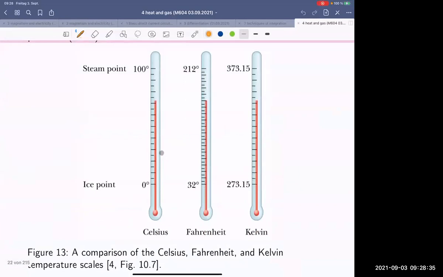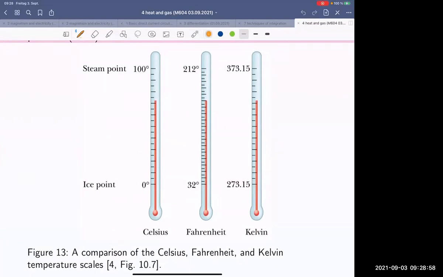Let's compare all three temperature scales. We don't talk about the Romer scale, but if you want some idea, go to a website to see the idea of the Romer scale.